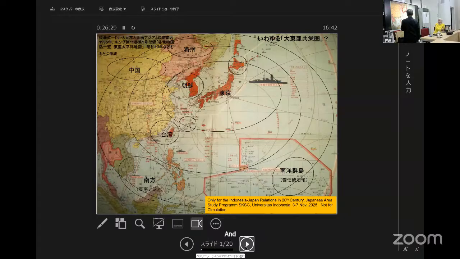After the First World War, Japan obtained Micronesia and the Caroline Islands, a broad territory of ex-German South Sea Islands. And this real situation was projected.